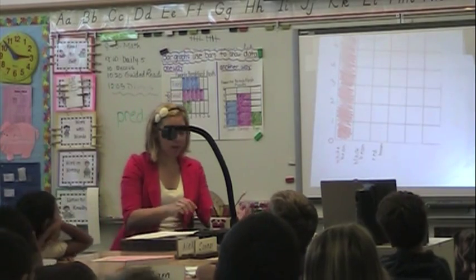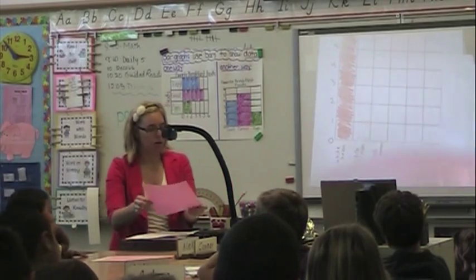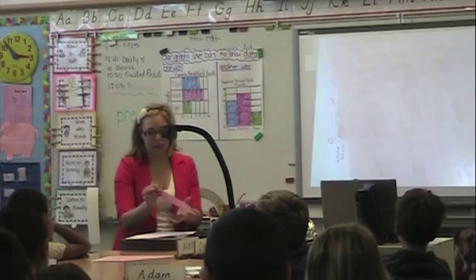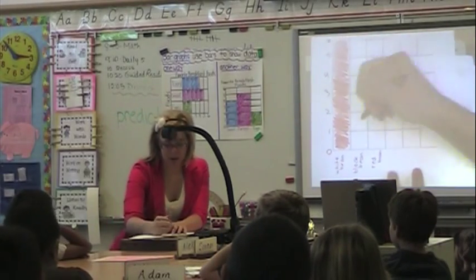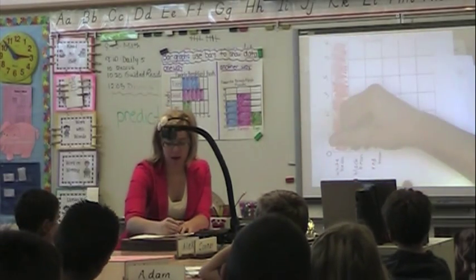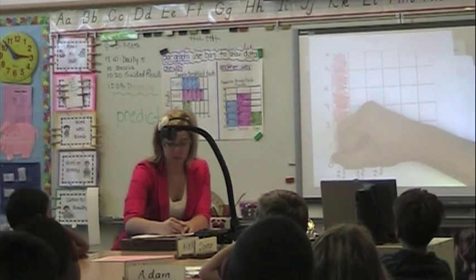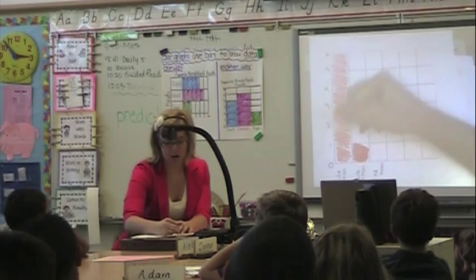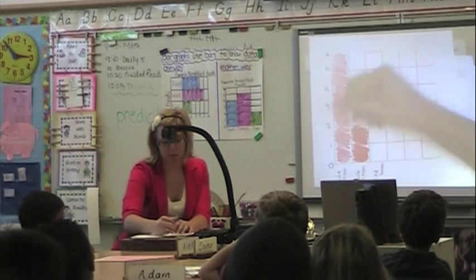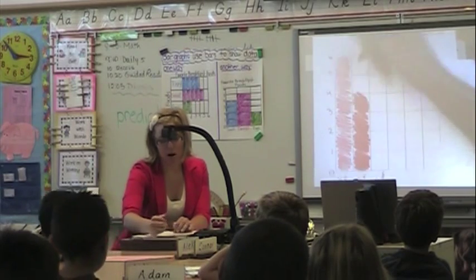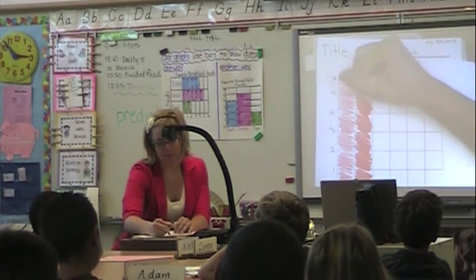I'm going to go back to my chart after it, and I'm going to look. Oh, so I have 5 black beans next. So I'm going to come back here, I'm going to do 5. It's actually the same color. 1, 2, 3, 4, 5.